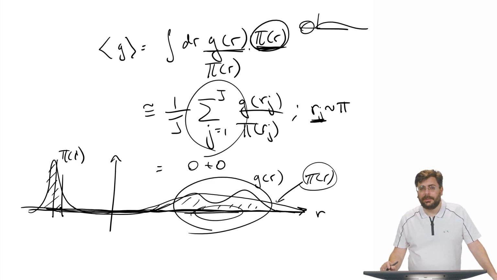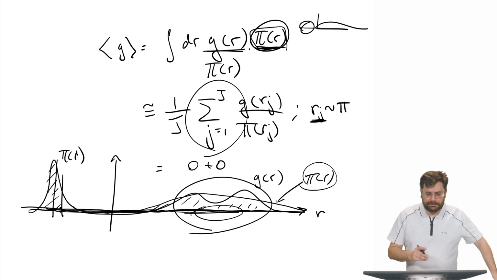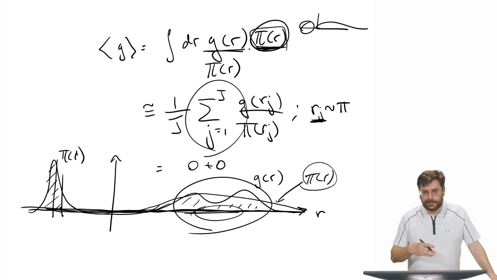Markov chain Monte Carlo methods are, in some sense, adaptive. We're not just drawing samples from some pi of r, but we're eventually drawing samples from some pi of r which may be centered at different regions, starting to approach the g of r.